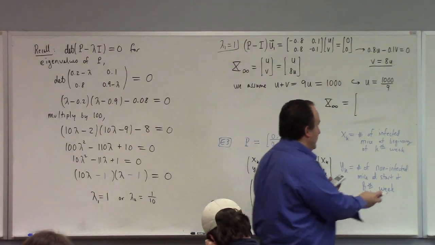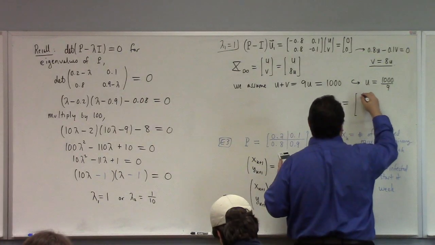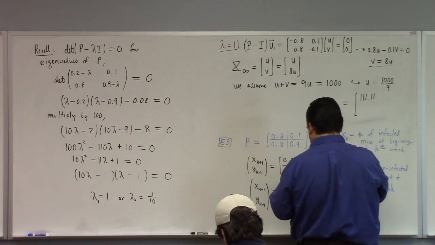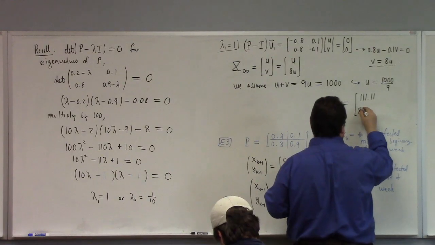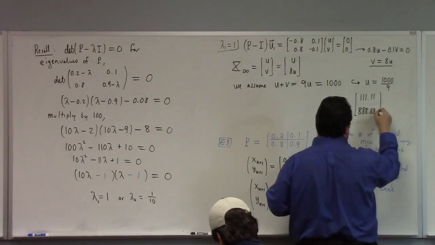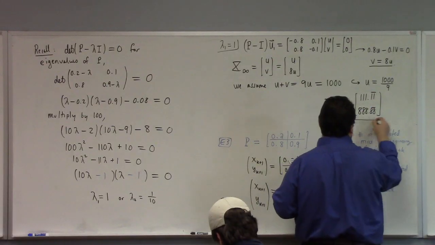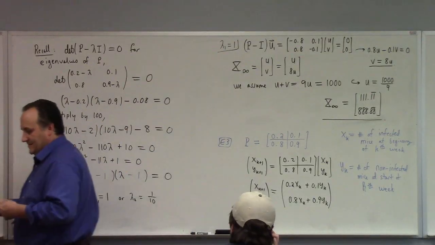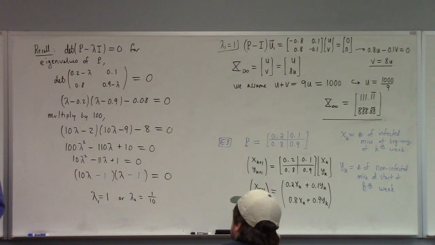So that's 111.111111111. And that gives us 888.88 continuing. There you go. That's the eventual state of this sick, healthy mouse problem.